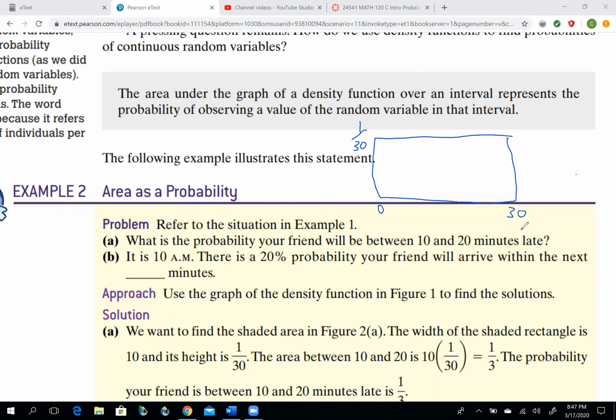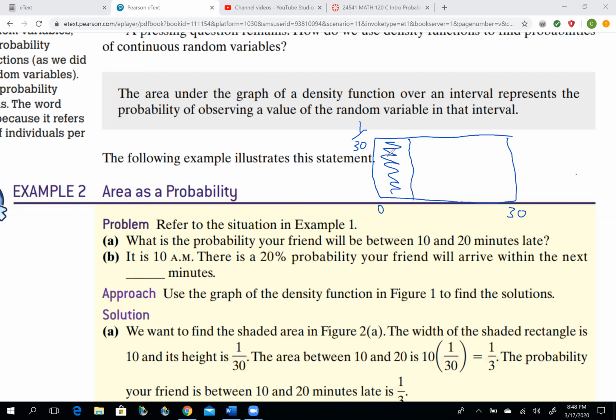Now it is 10 a.m. There is a 20% probability. So I'm going to say the 20% is somewhere here, so the area of this part of the rectangle is 20%.